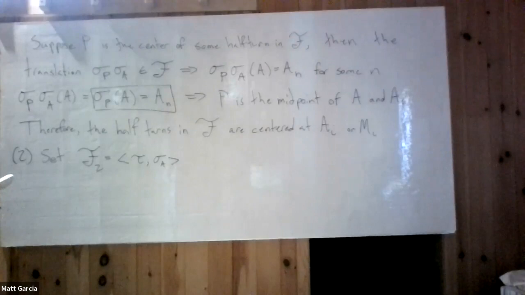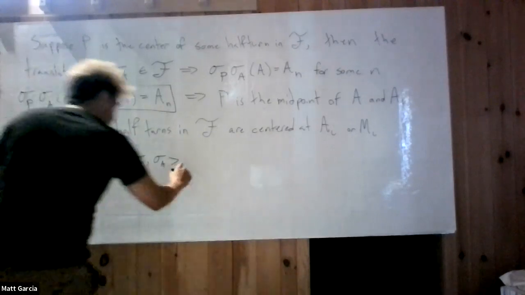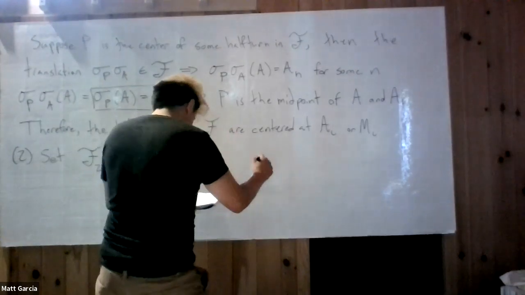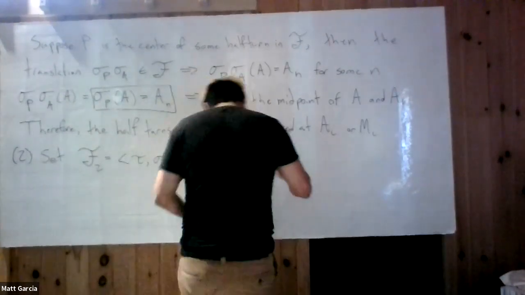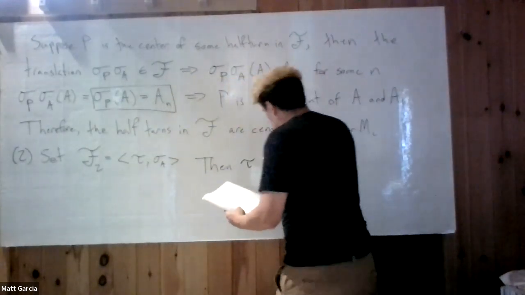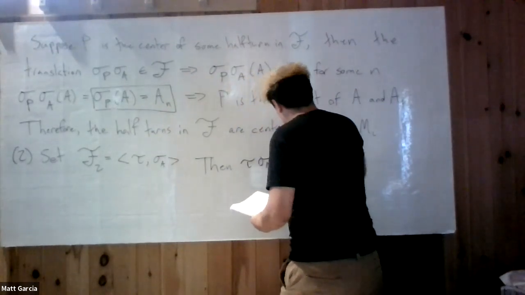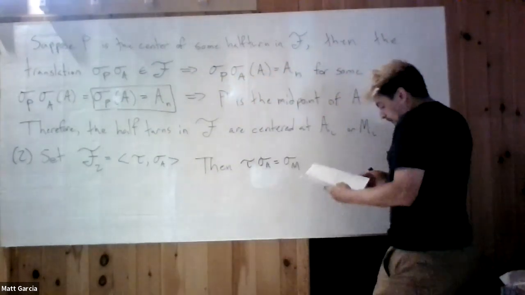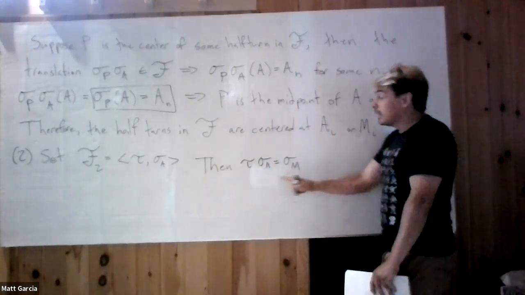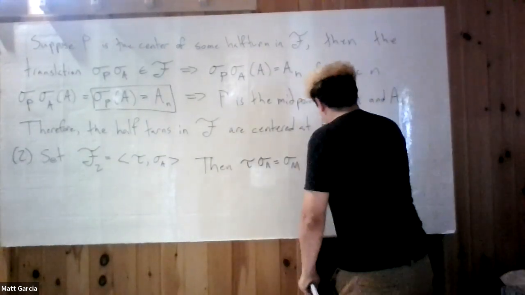So let's talk about the structure of this a little bit. Remember, we said this in our preamble, that tau sigma sub A is equal to sigma sub M. Obviously, since this is a half turn, this product is also an involution.